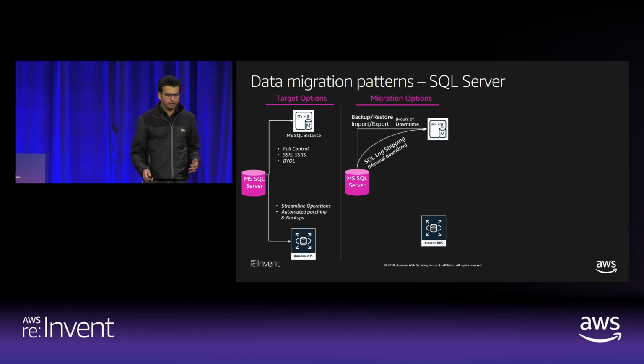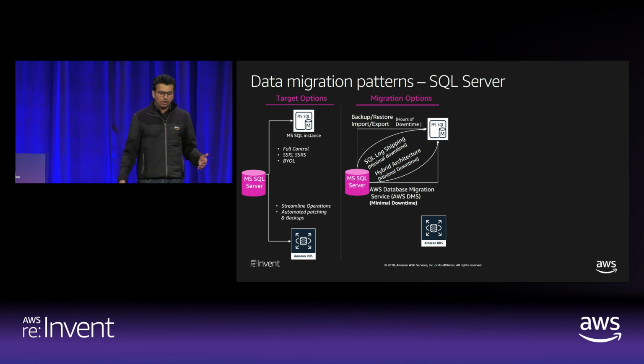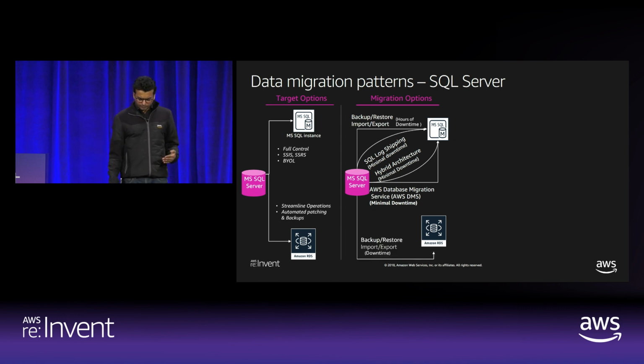But if you're talking about production environments, you can go with SQL log shipping, a hybrid architecture, or you can use a service which is native to AWS called the Database Migration Service. Now, these three options help you achieve minimal downtime, okay? And when you're using RDS, the migration options that you can look at are backup and restore, import export, or DMS.